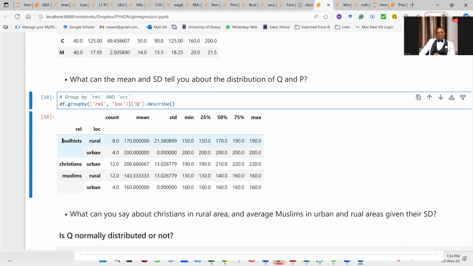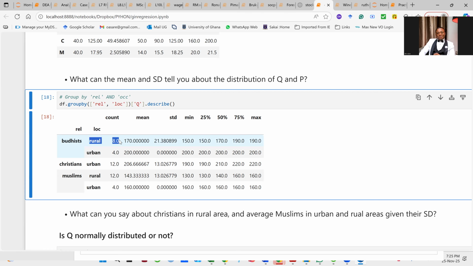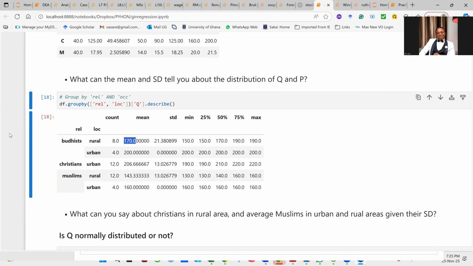Among the Buddhists here, what can you say about Christians in rural area, and the average Muslims in urban and rural areas, given their standard deviations? So if you look at Buddhists, for example, the Buddhists are 8. The average quantity demanded is 170 bottles. The standard deviation is 2, so there's less variability among them in the rural sector.